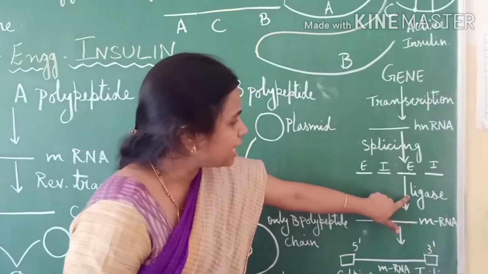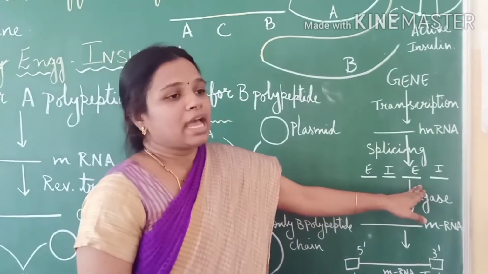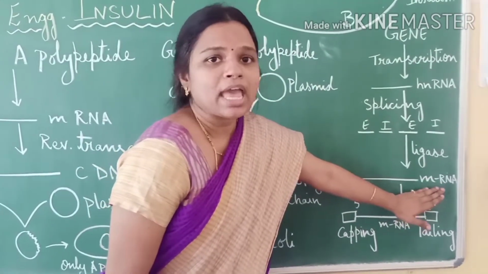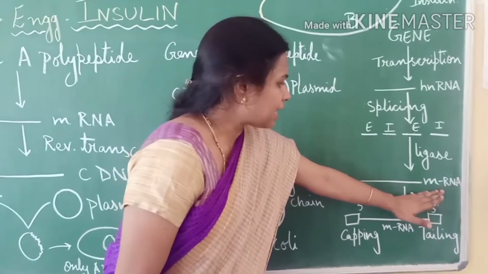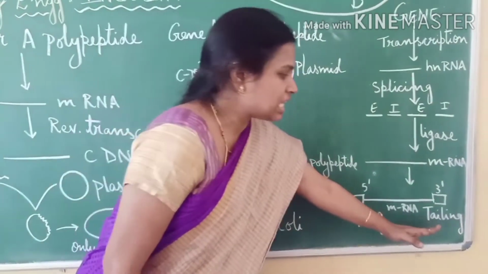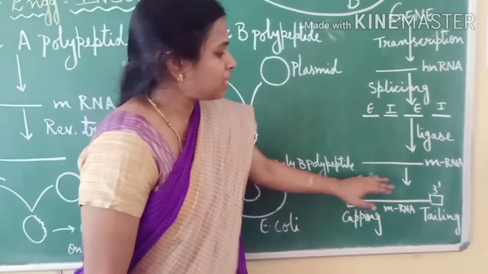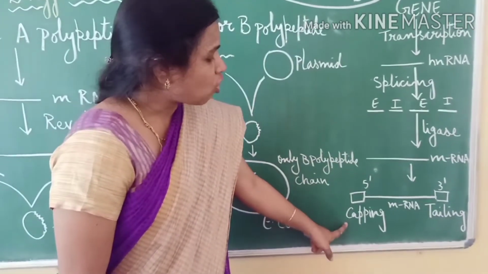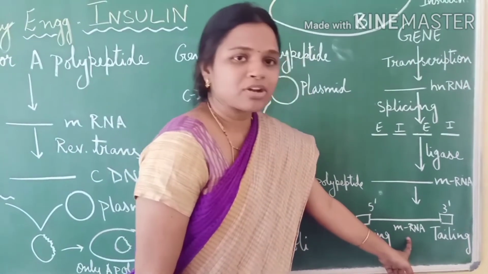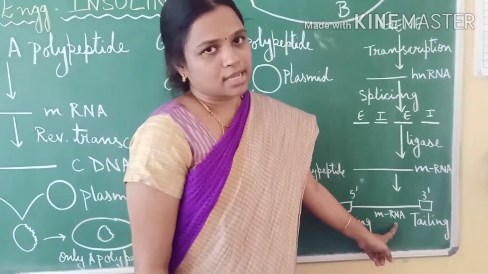With the help of ligase, the leftover exons are joined together to form an mRNA molecule. Then for this mRNA molecule, capping and tailing is done at the 5' and 3' ends. That is how the mRNA molecule is synthesized.